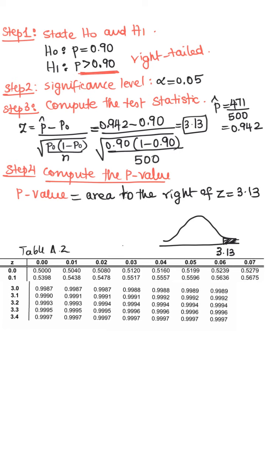From the table, the area to the left of z equal 3.13 is 0.9991. So the area of this right part is 1 minus 0.9991, equal to 0.0009. So the p-value is equal to 0.0009.